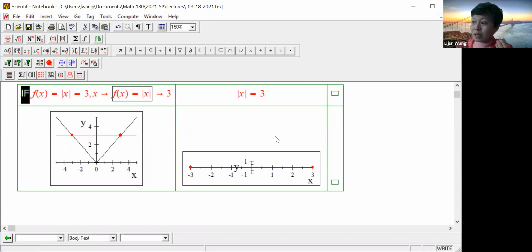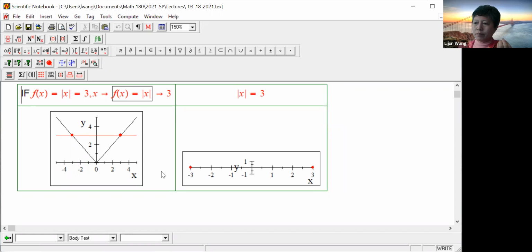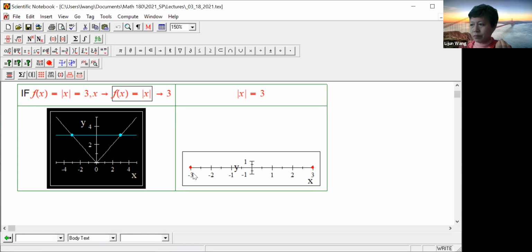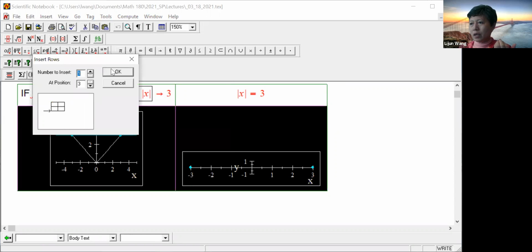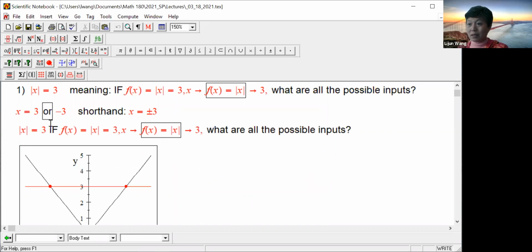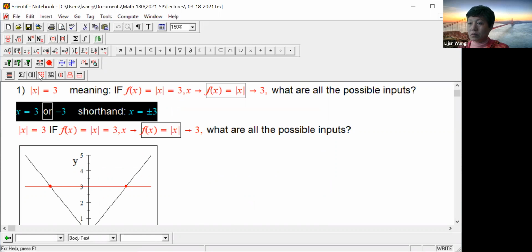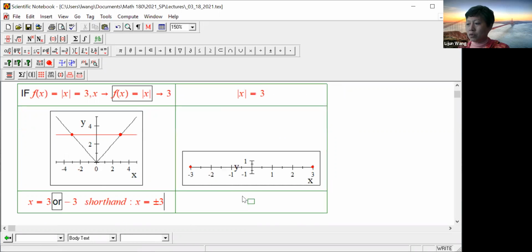Very important to understand at this point. And of course, what will be the solution? I'm going to add a row here. The solution we have is just what we listed there. Same thing, same answer, no difference.